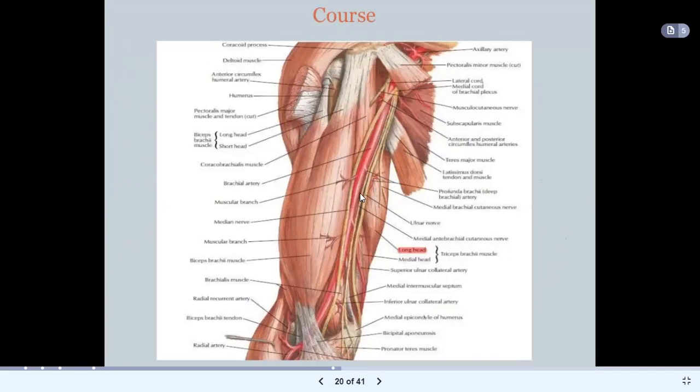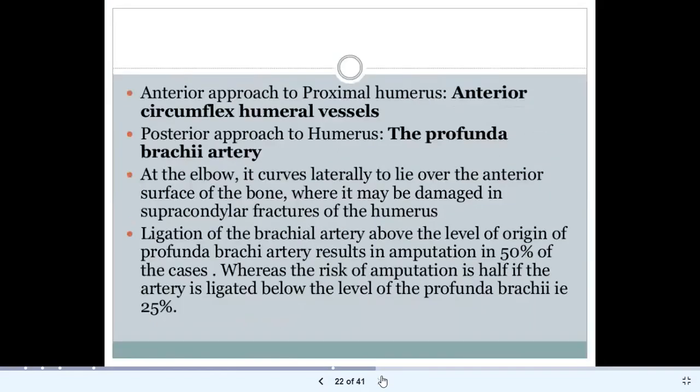But if you ligate below the profunda brachii origin, even though blood might not come straight through this other part of the brachial artery, the profunda brachii artery can still carry some volume of blood down to the other muscles, so the risk of amputation will decrease, because the muscles will still receive some amount of blood supply. So that's about the brachial artery.